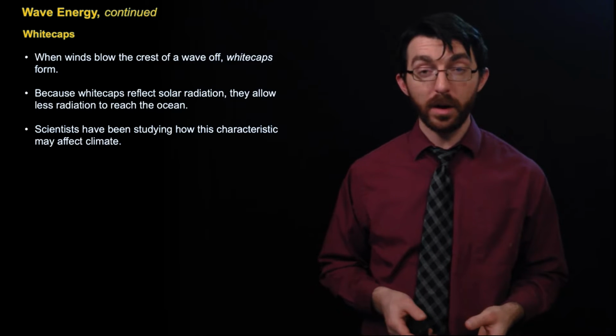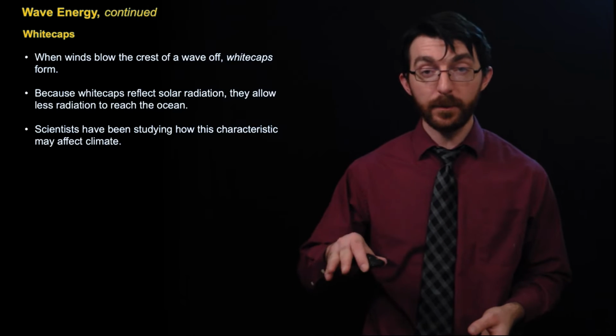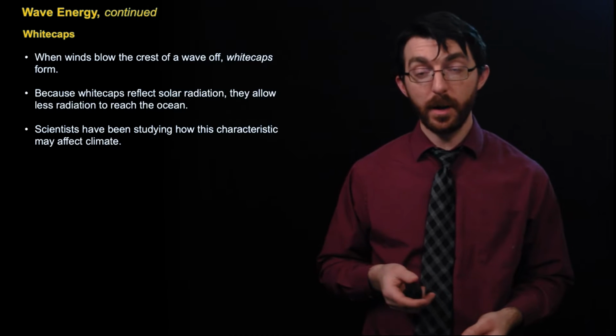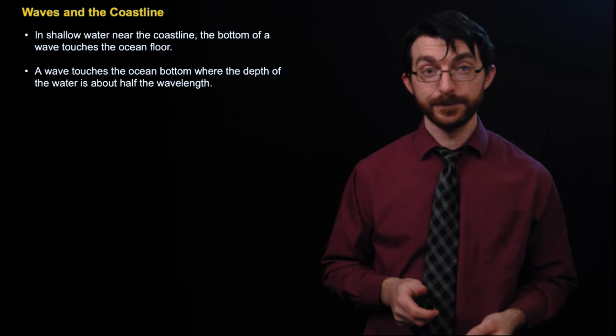So choppier water, more waves, may have more froth on top of it. That's the crest of a wave being blown off, so the water becoming a bit more turbulent. And that is called a whitecap.